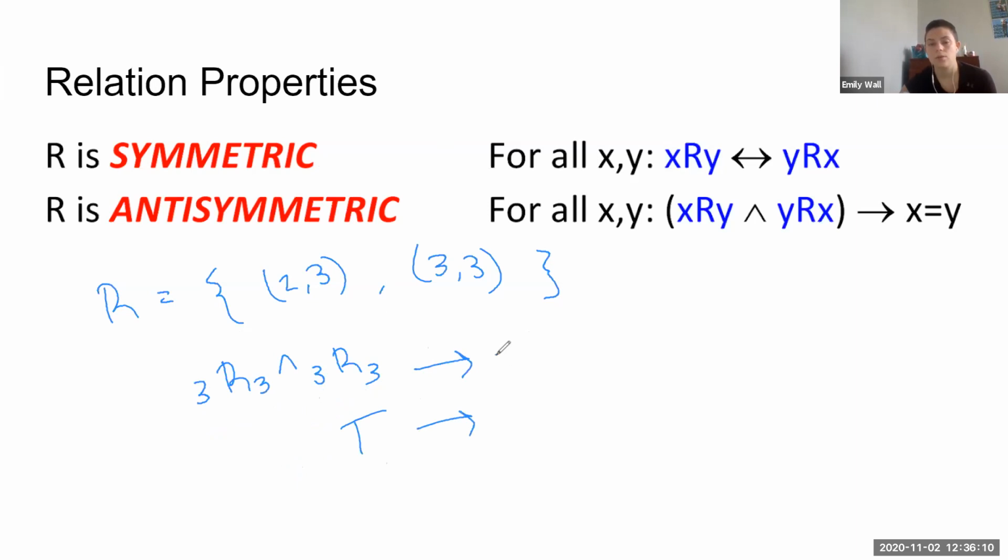So now, does 3 equal 3? Is this true? 3 does equal 3. True implies true, evaluates to true. So both of these pairs gave us true for the definition of antisymmetric, which means check mark, it's antisymmetric. Yay! Happy days for us.